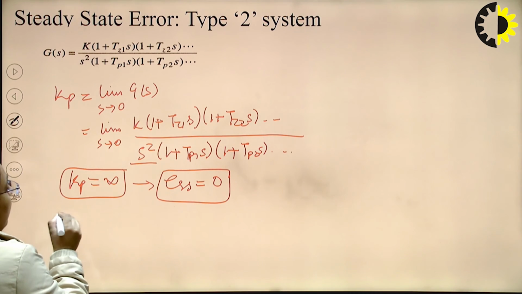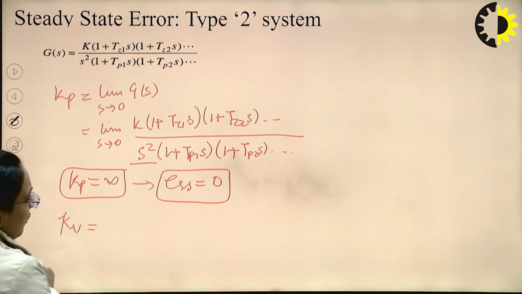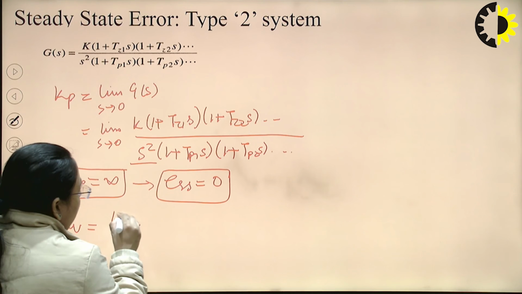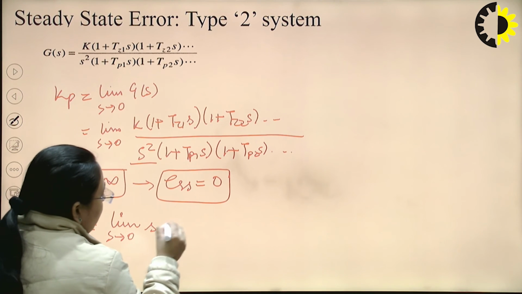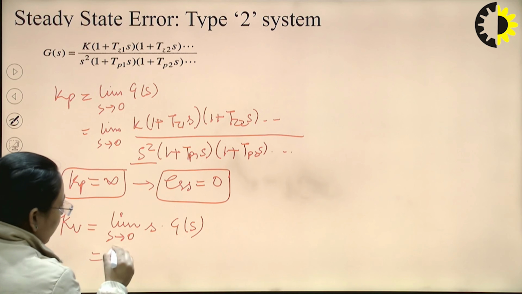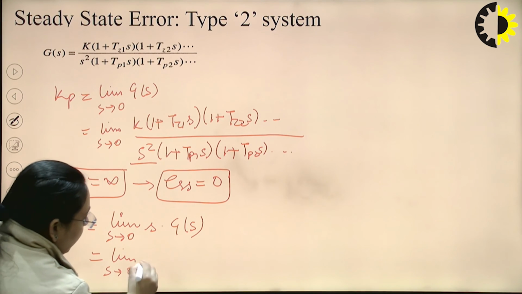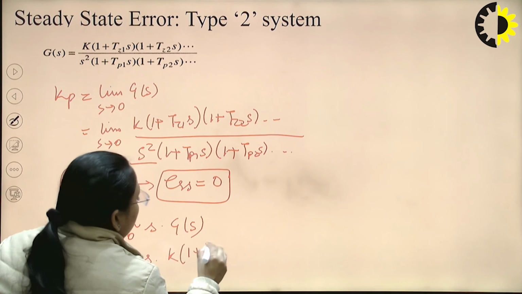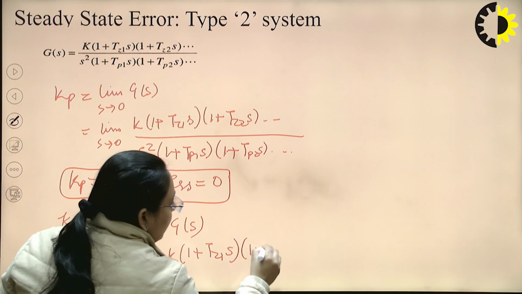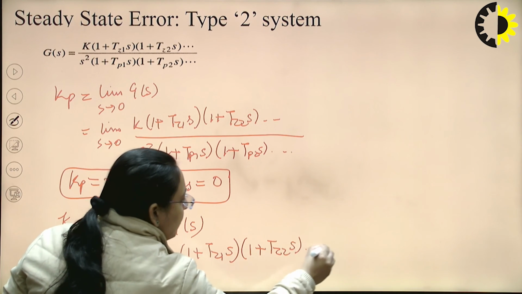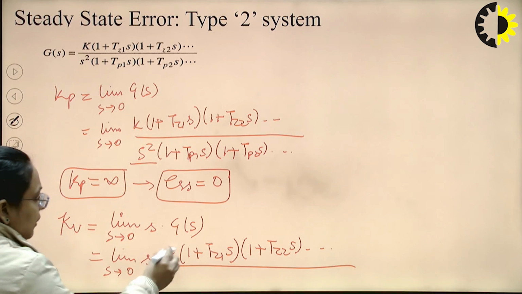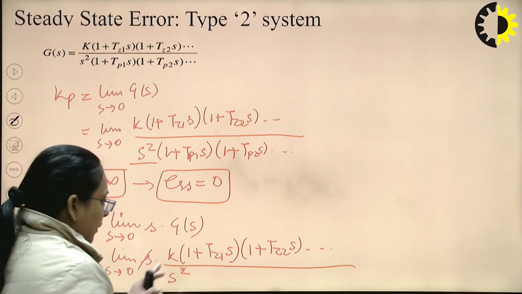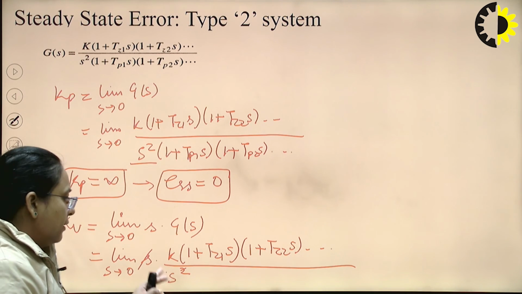Similarly, we can calculate the value of velocity error constant for unit ramp input, that is limit of s into G(s). When we put the value here, it again comes out to be infinite. For this we have s square, so only one s at the pole gets cancelled out, and one is left.